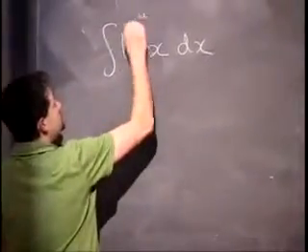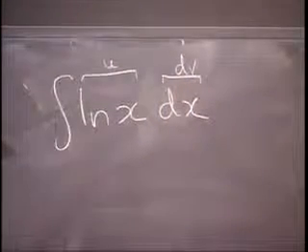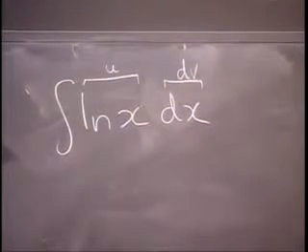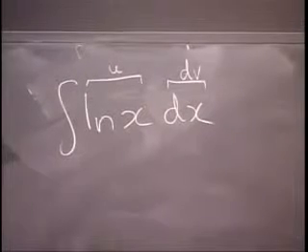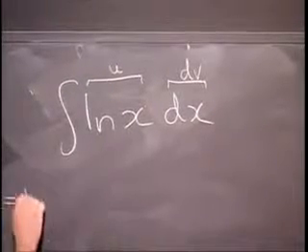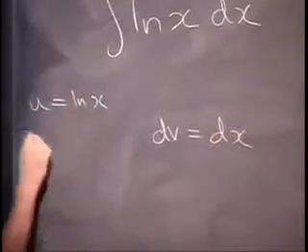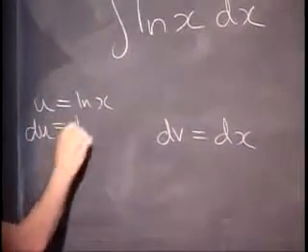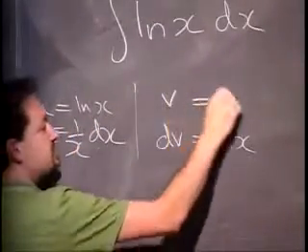Watch this. Let this be u, and let this be dv. That's right, dv is just dx, not something dx like it's been in the other examples. Let's see what happens. u is log x, dv is dx. The derivative of log x is 1 over x dx, and v is just x.